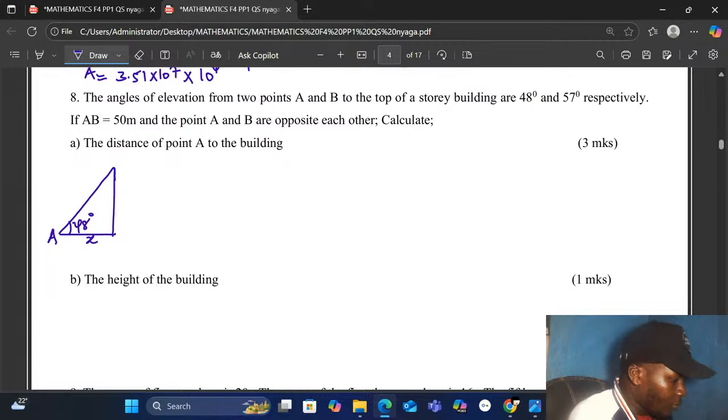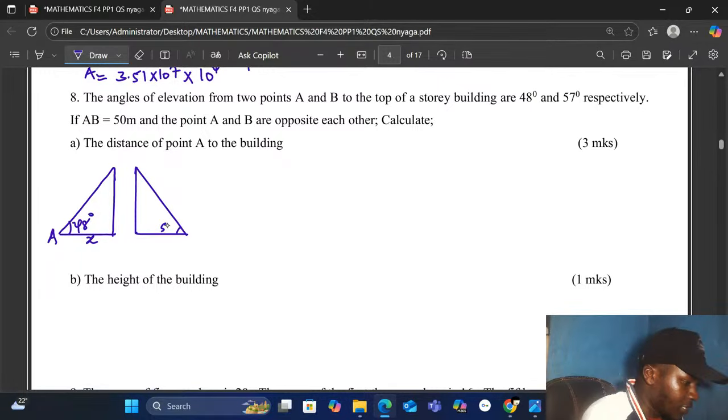Then we also have a point B that is opposite, so point B is right here. Now they're saying the distance AB is 50, so if from A to this point here is x, that means from here to B we shall have 50 minus x.